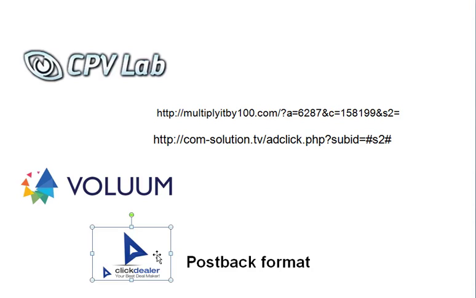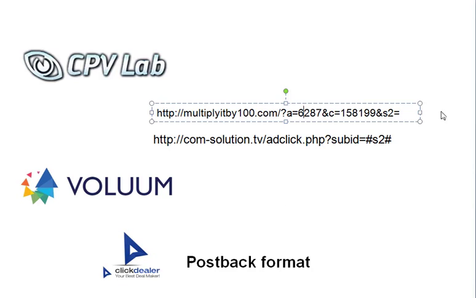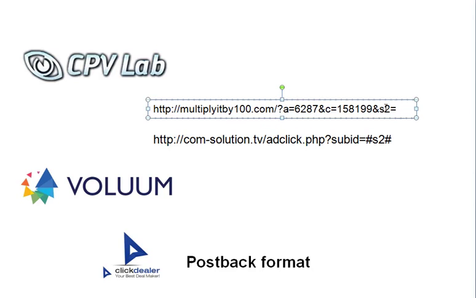ClickDealer is a Cake system, a Cake network, right? For example, this is the link from one of the offers that we are promoting. Usually, this is for S1, but S1 is a token already used by the Cake network, so we will use S2, S3, S4, or S10, right?